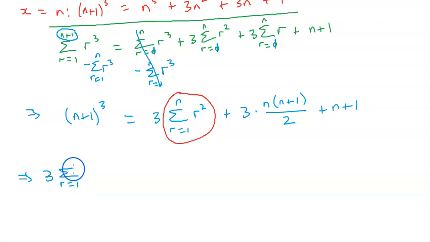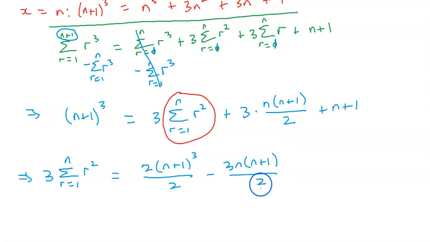So 3 times the sum from r equals 1 to n of r squared is equal to, let's get everything over 2, so 2 times n plus 1 cubed divided by 2, and then minus 3 times n plus 1 divided by 2, and then also minus 2 times n plus 1 divided by 2.